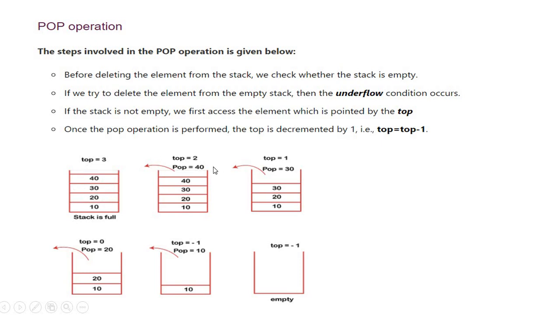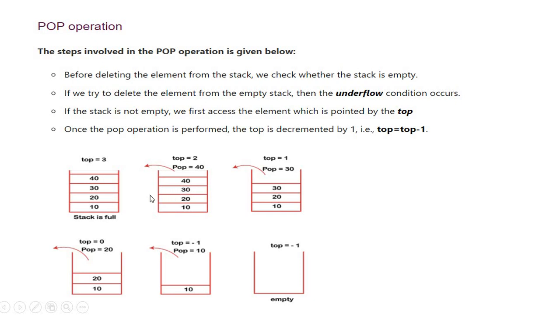So if I'm popping 40, what happens? Obviously I cannot pop a selected element from the stack. Only the top element from the stack will be popped. So first I'll decrement the top value. Right now my top value is 3, so I'll decrement it and pop 40, and the top value will be 2.